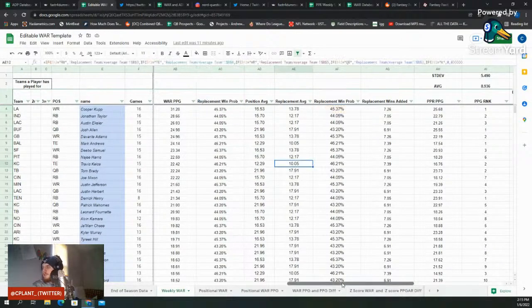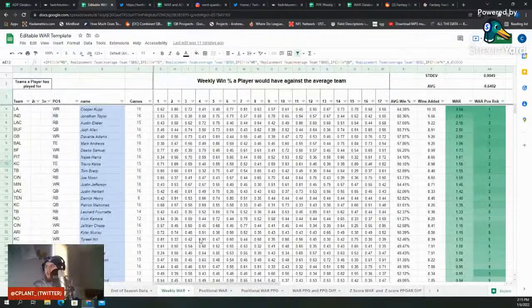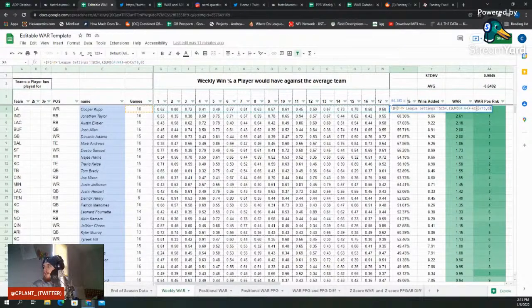So anytime a player didn't play, they get the replacement level at their position instead, okay? And to combat the fact that every player has one bye week within the average, I had to subtract the replacement level once, because it would just input the replacement level every time there was a bye week. Literally all I had to do was subtract it before I did the average. So that's what I did.